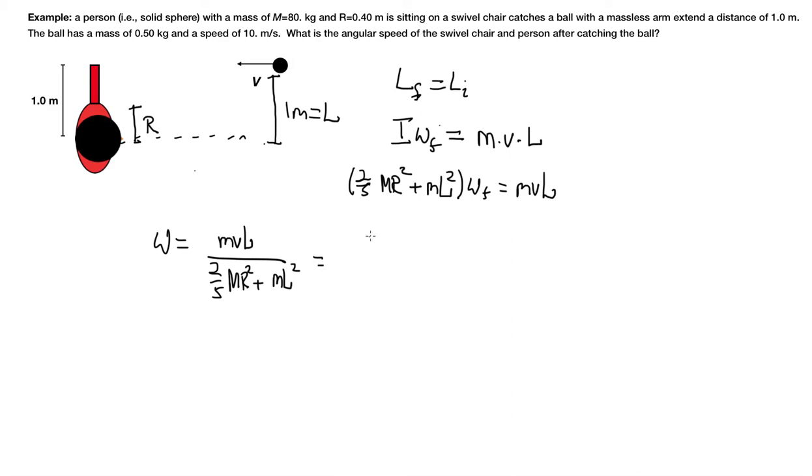And then I just plug in all my numbers, where m is 0.5 kilograms, v is 10 meters per second, L here is 1.0 meters.